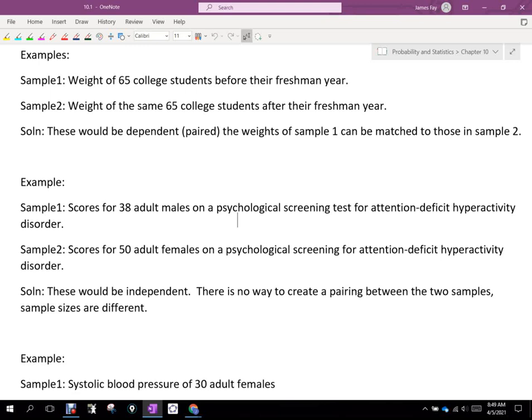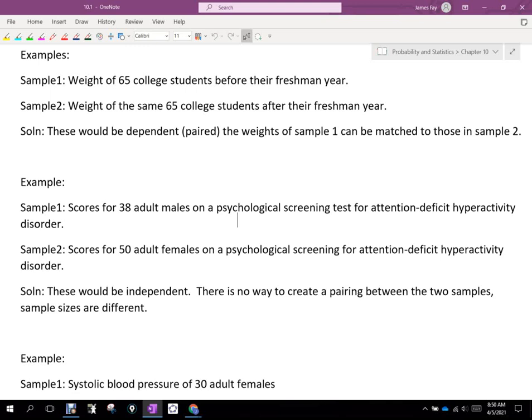If we go down to the next one, it says scores of 38 adult males on a psychological screening test for attention deficit hyperactivity disorder, ADHD. Sample 2 is scores of 50 adult females on a psychological screening for the same thing. Now, you can see that the sample sizes are different, 38 and 50. That in itself might tell you that these are not matched or paired, because there's not a one-to-one correlation.